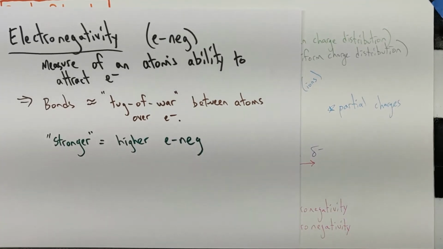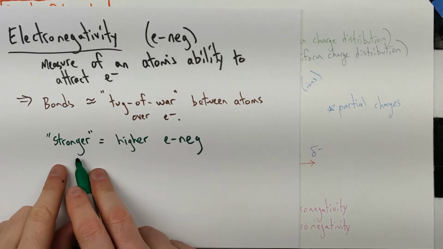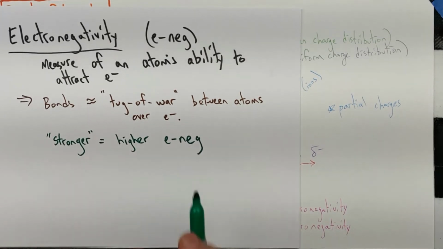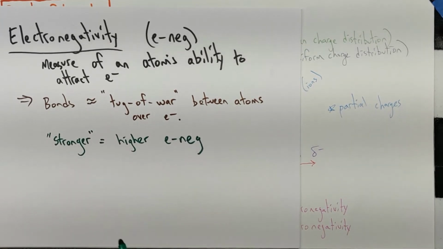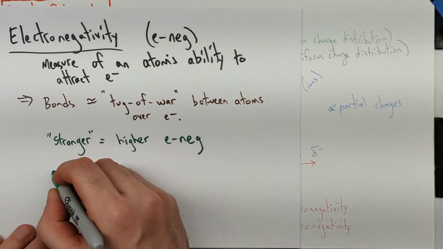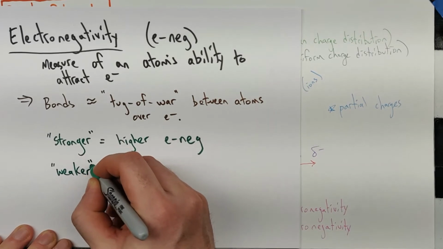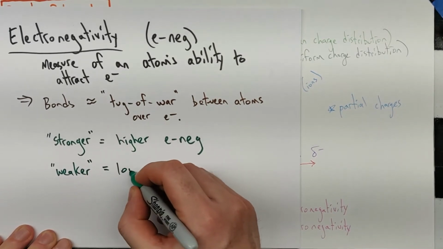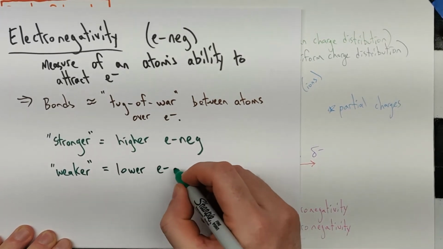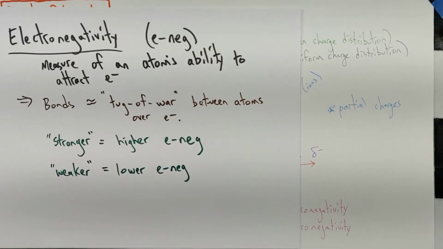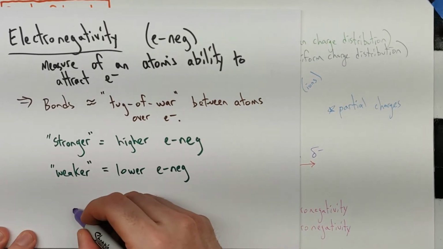The stronger side in a tug of war would pull the rope closer to them. The stronger side in our tug of war here is going to pull the electrons closer to them. And then our weaker side is our lower electronegativity. And this starts to make sense in a real-world context if we look at an example. We'll pick something simple, maybe HCl.